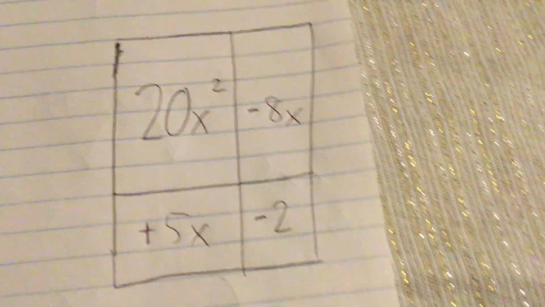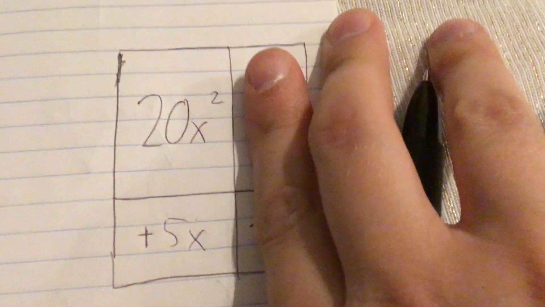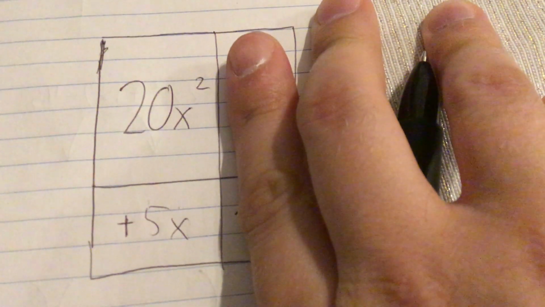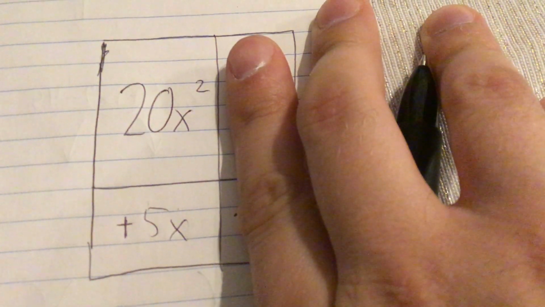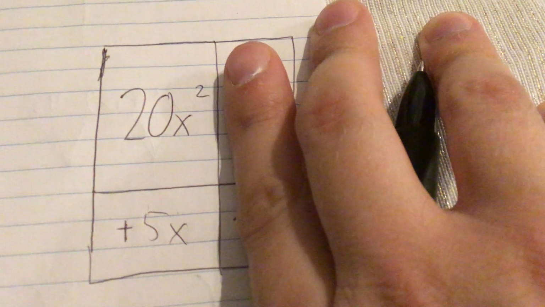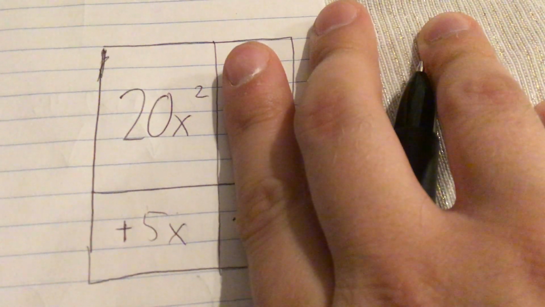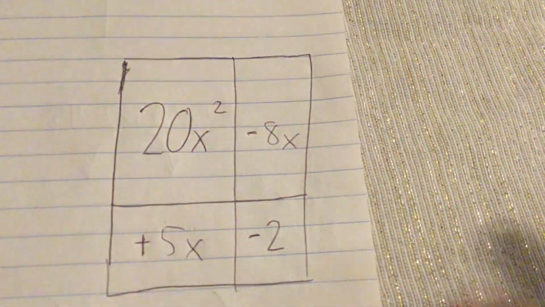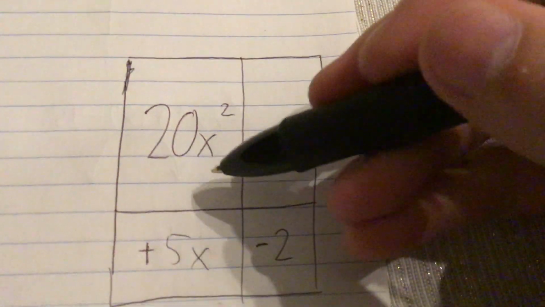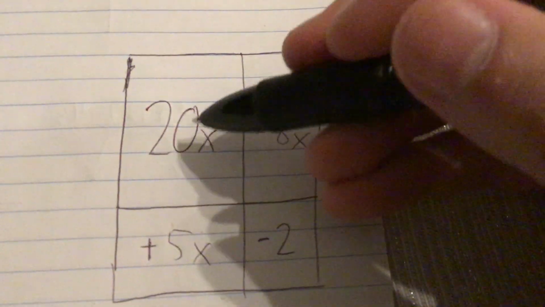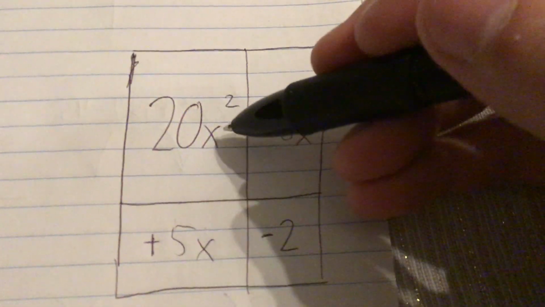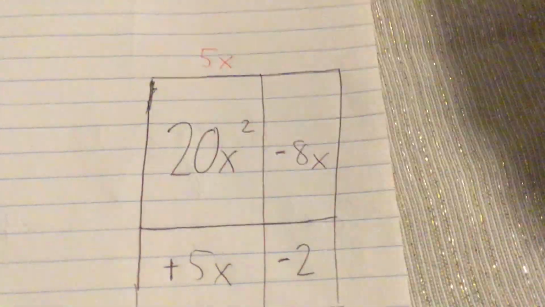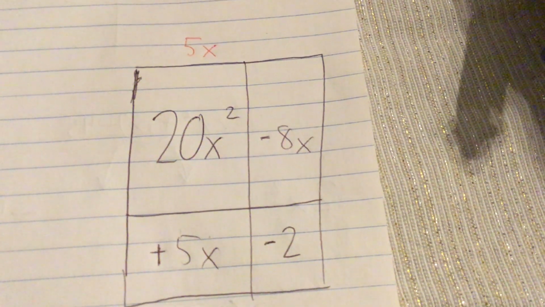Okay, I'm going to cover up that right column. What can I factor out of 20x squared and positive 5x? What is the biggest number I can divide out of 20 and 5? Well, 5. 20x squared and 5x both share a 5 that can be factored out, and x squared and x both have an x I can factor out, so that becomes 5x factored out.